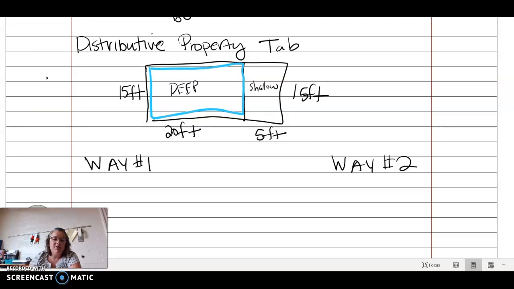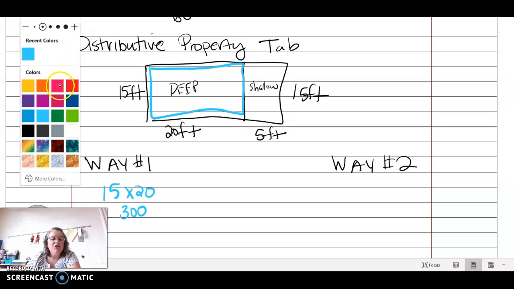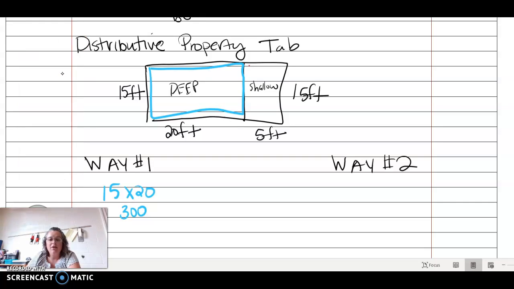The deep end happens to be a 15 by 20, which gives me an area of 15 times 20, which is 300. Let's say I look at the shallow end. We'll do that in pink here. Also a rectangle. Area of a rectangle is length times width.